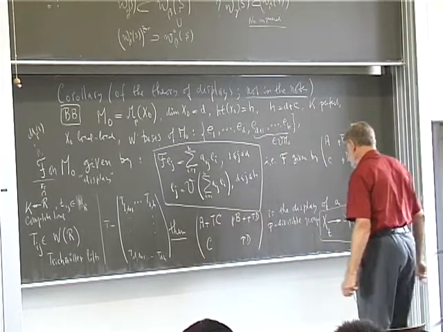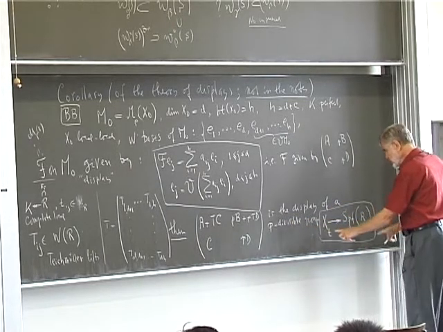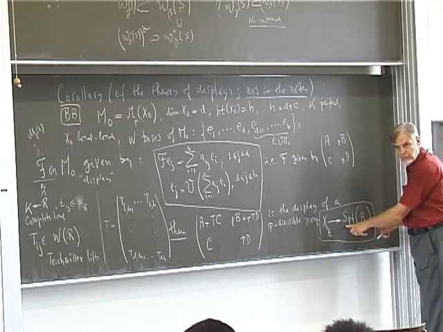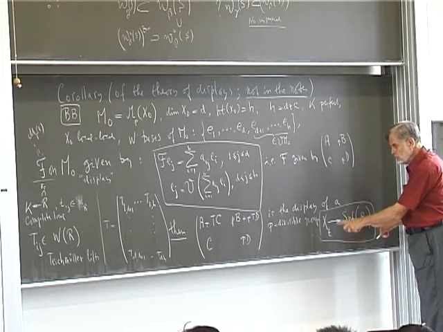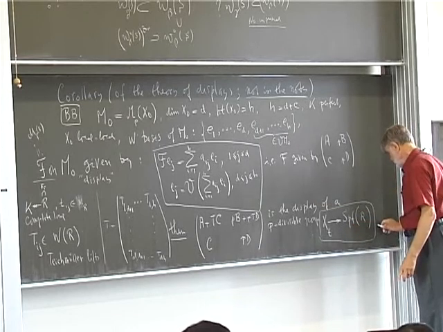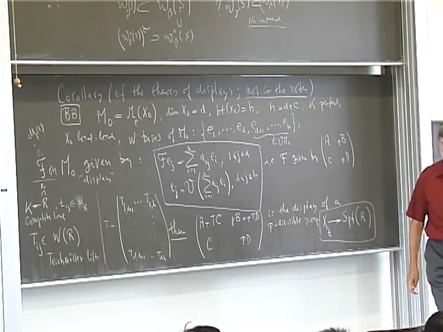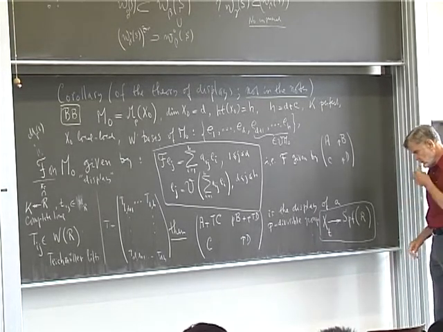Now, from the theory of displays, it says that a display corresponds to a p-divisible group over this formal spectrum, whose matrix is this. Let me make one remark which confused me for a long time.